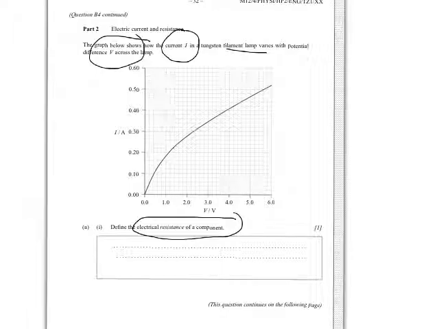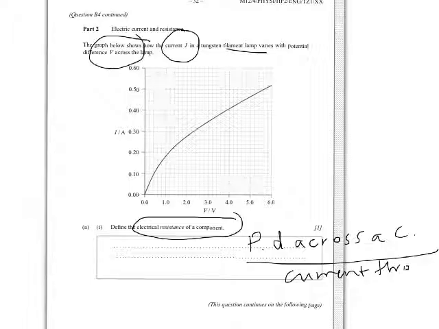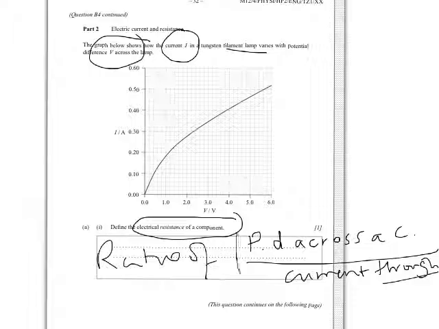And once again I'll tell you, it's the potential difference across a component divided by current through a component, or the ratio of the potential difference across a component to the current through a component.